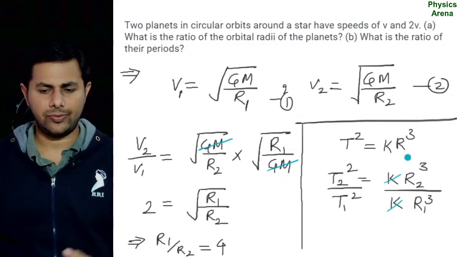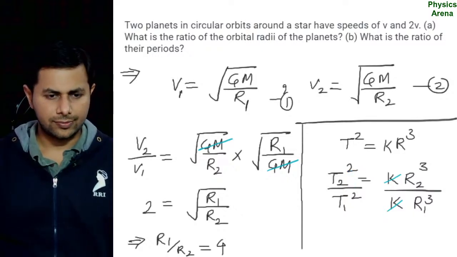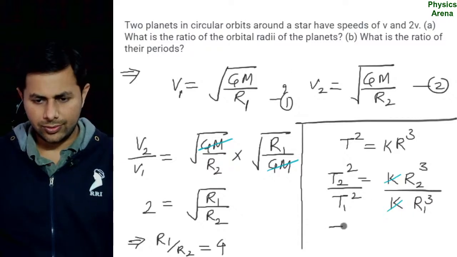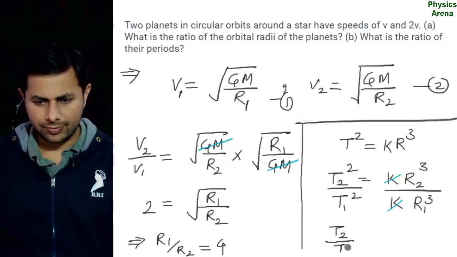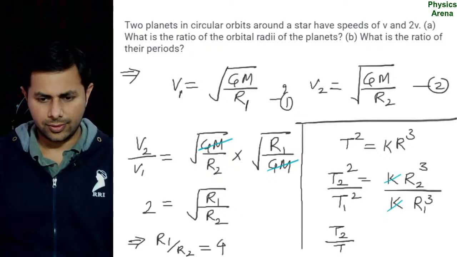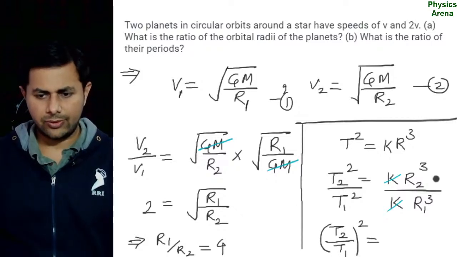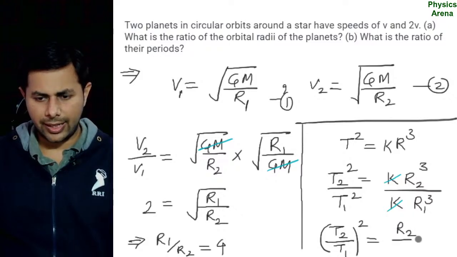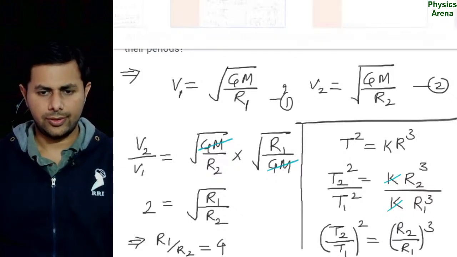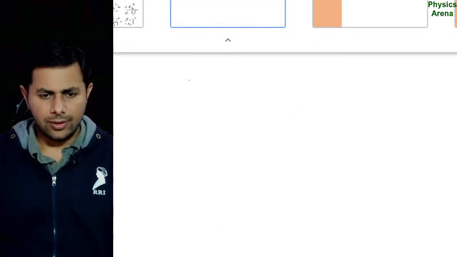And again we are left with T2 by T1 squared equal to r2 by r1 cubed.